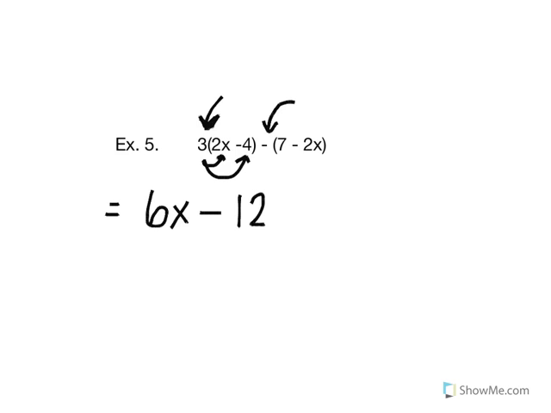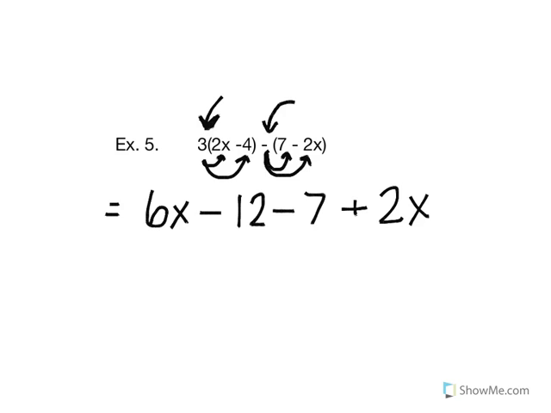That minus also wants to be distributed. So the minus is going to jump on the 7, making it a -7. And the minus is going to jump on the -2x, making it a +2x.